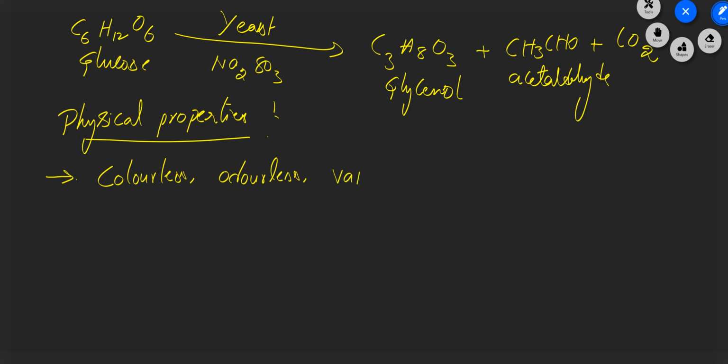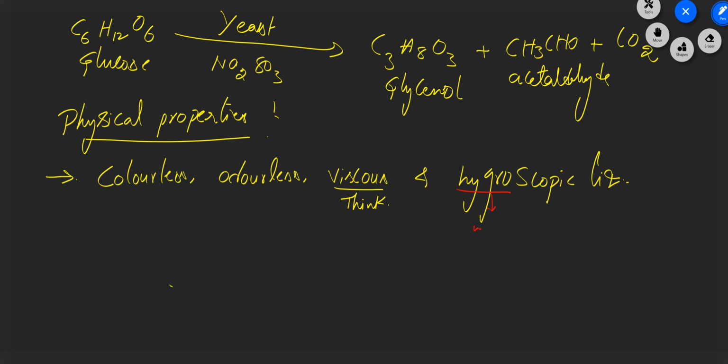What is the meaning of viscous? Viscous in nature means it is thick, and it is also a hygroscopic liquid. What is the meaning of hygroscopic? Hygro comes from hydro, the water molecule. Scopic means absorbing.